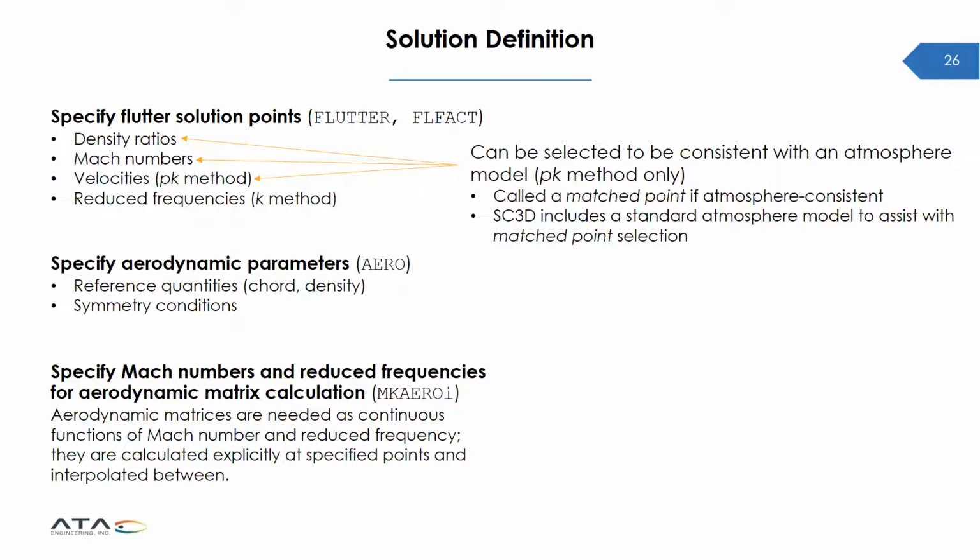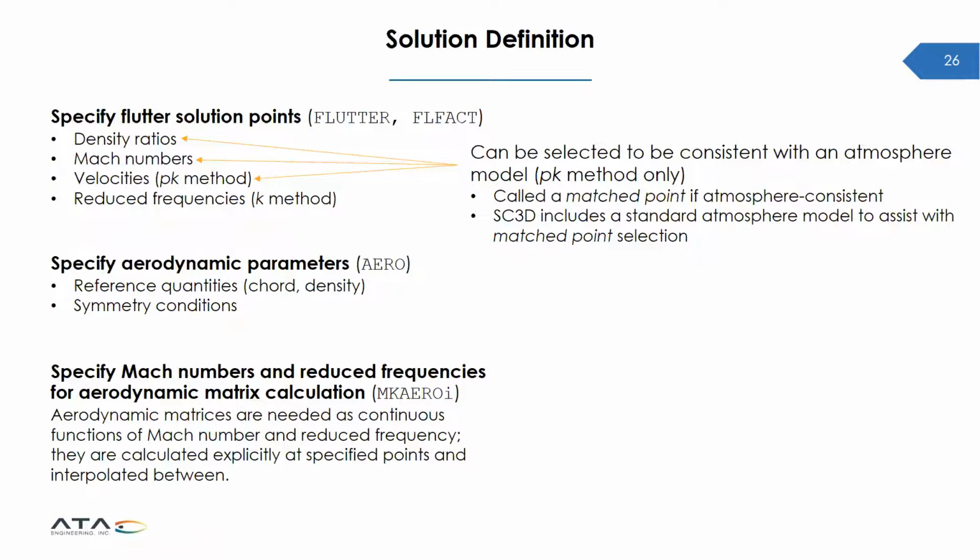So we'll specify that information in Simcenter 3D. There's some additional information needed, reference quantities, aerodynamic symmetry conditions. And then the last thing we need is a set of Mach numbers and reduced frequencies. And reduced frequency is a non-dimensional form of frequency for the aerodynamic matrix calculations.